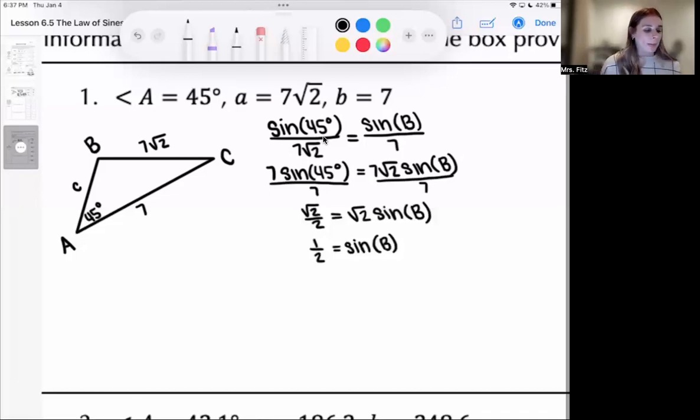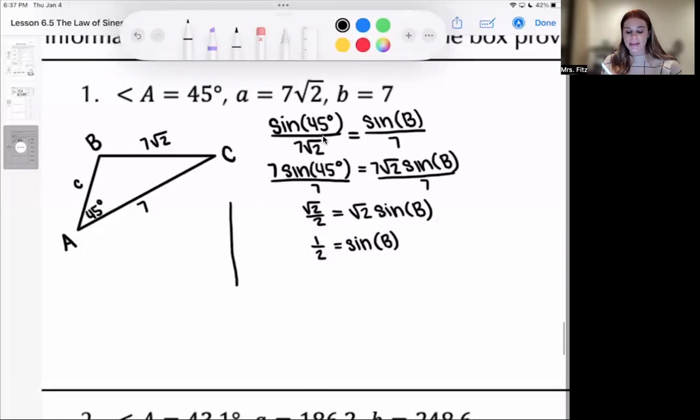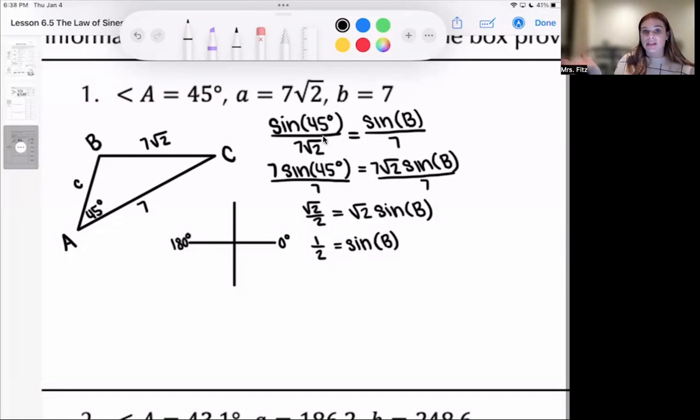Now, remember, you're looking for an angle between 0 and 180 degrees. Here's why this happens to be an ambiguous case. If I'm looking for a solution to this, there are actually two answers where your y coordinate is positive 1/2 from 0 to 180 degrees.